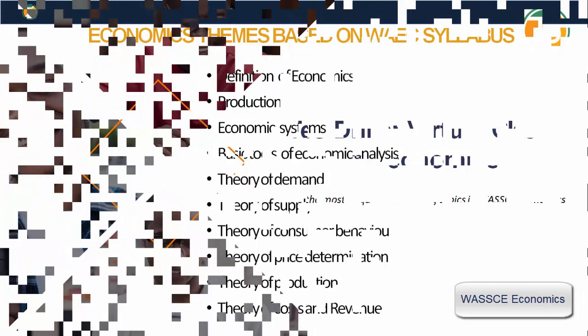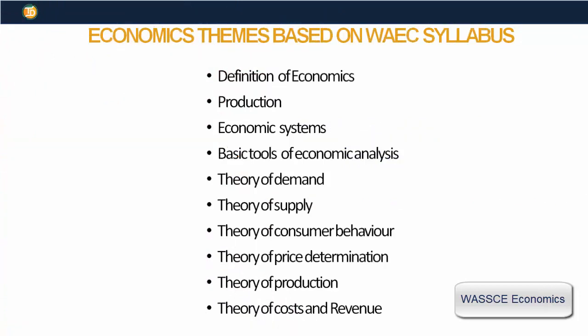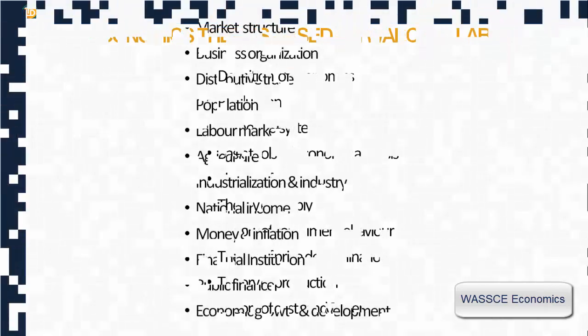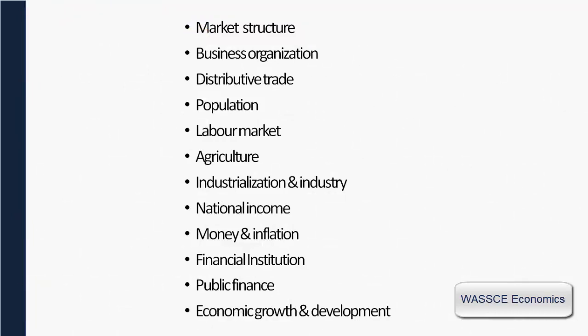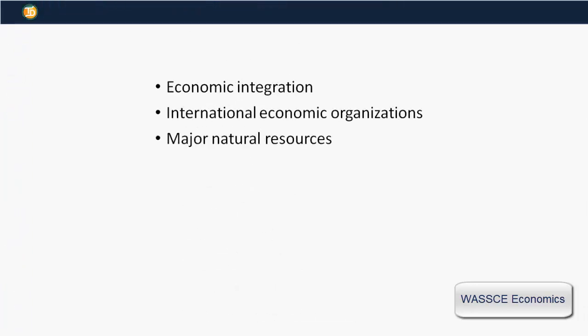The economics WASSCE syllabus cuts across various topics, which are definition of economics, production, economic system, basic tools of economic analysis, theory of demand, theory of supply, theory of consumer behavior, theory of price determination, theory of production, theory of cost and revenue, market structure, business organization, distributive trade, population, labor markets, agriculture, industry and industrialization, national income, money and inflation, financial institution, public finance, economic growth and development, economic integration, international economic organization, and major natural resources.